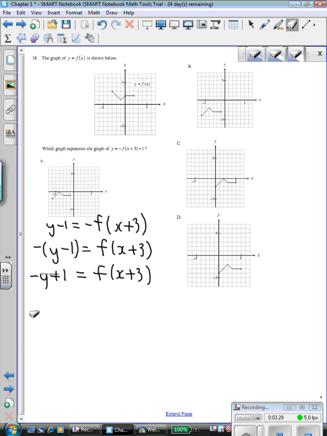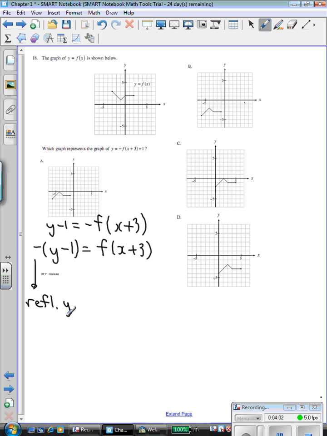Our transformation is actually given to us by this: negative, and then y minus 1. Y minus 1 is up 1. That's our reflection, where y is replaced with negative y.